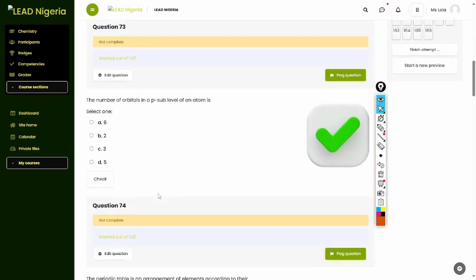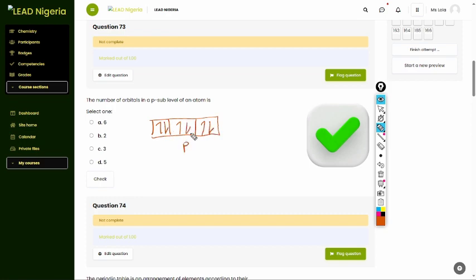The number of orbitals in a p sublevel of an atom is... So the p sublevel can carry 6 electrons and each orbital carries 2 electrons. So for a p sublevel, it will have 3 orbitals, such that you can have 6 electrons, 1, 2, 3, 4, 5, and 6.